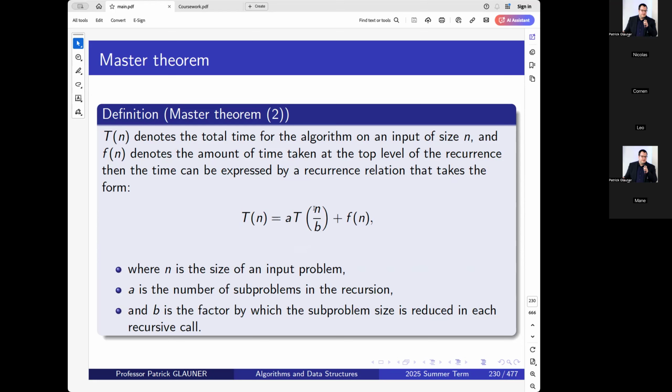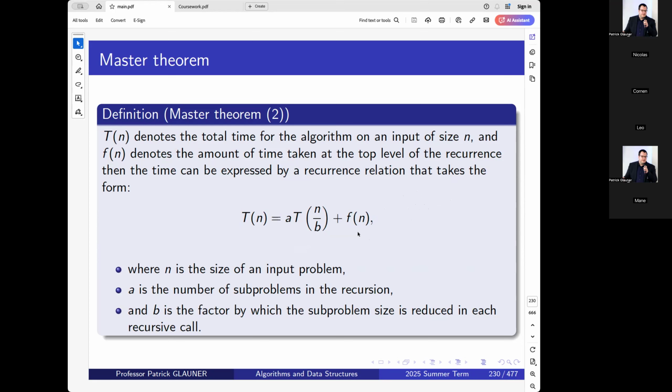And then we say T of n divided by B plus some term, f of n, so some term depending on n. For example, for the binary search, this one here would be 1, and this would be 2. So B would be 2 because we divide n by half, and this term would just be constant, not depending on n. So f of n is just the term of extra work that is done here.